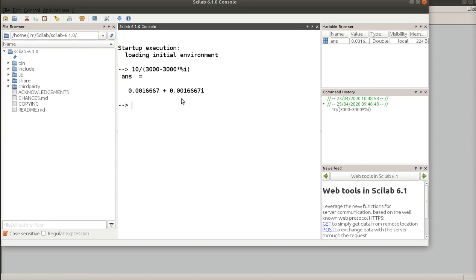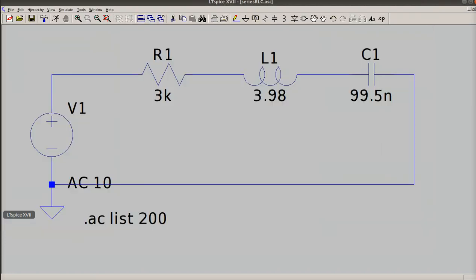If I want to know what my meter will read, I'll just do the absolute value of the answer, and it's going to read about 2.36 milliamps. So keep those in mind. And I go over here and I do my run.